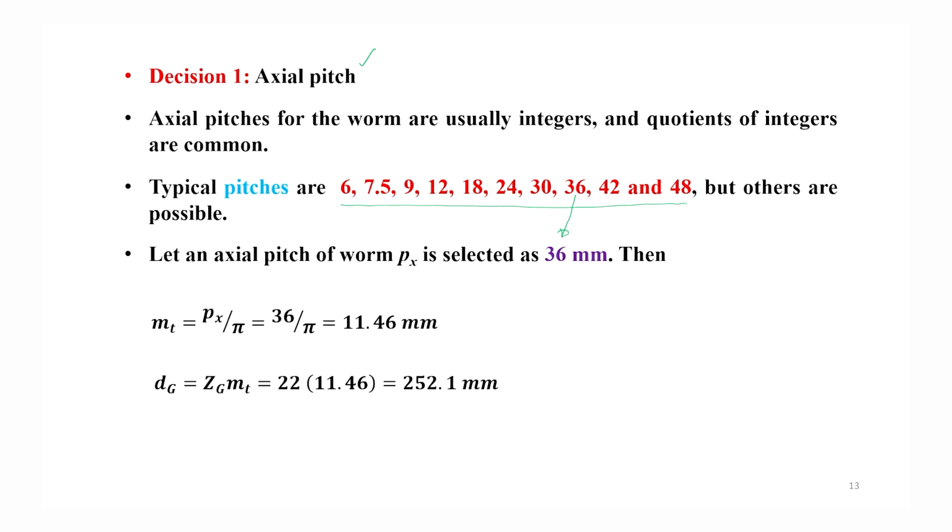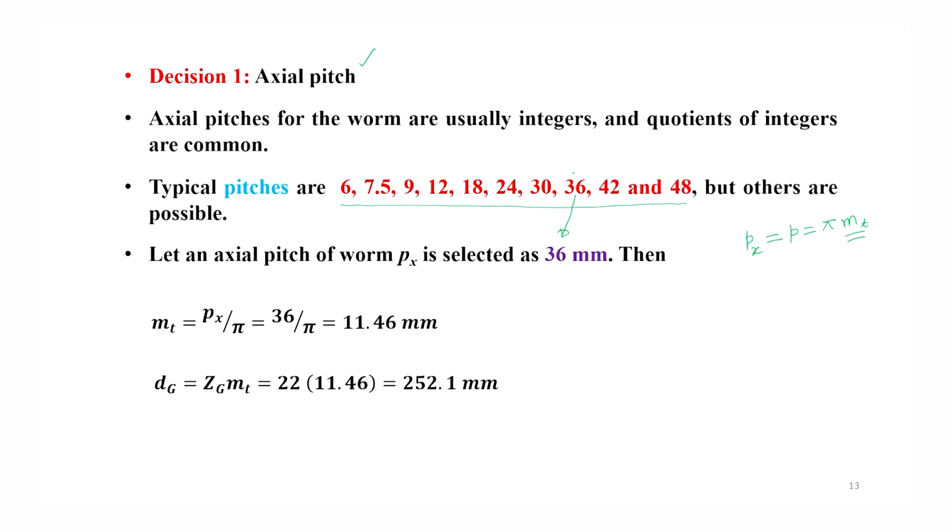Then the axial pitch, because we know that the Px axial pitch of the worm is equal to circular pitch of the gear, and that is equal to pi multiplied by axial pitch of the worm is equal to circular pitch of the gear, and if module of the gear is known, then circular pitch of the gear is equal to pi multiplied by module mt. And by using this relationship, we got the value of this mt, which is equal to Px divided by pi.